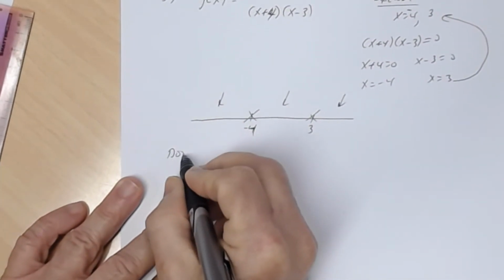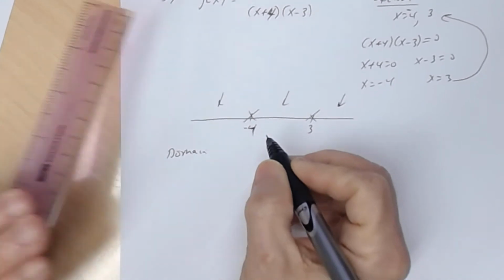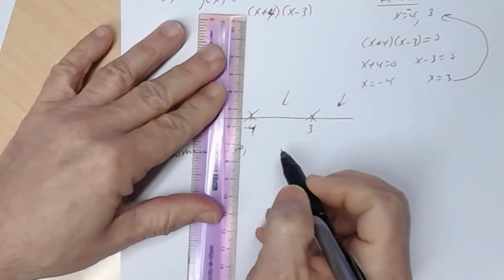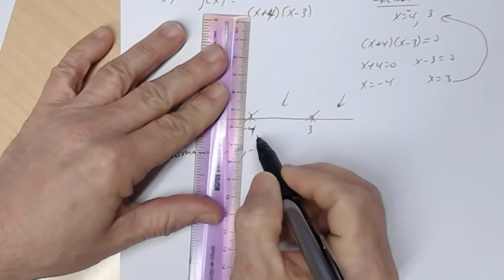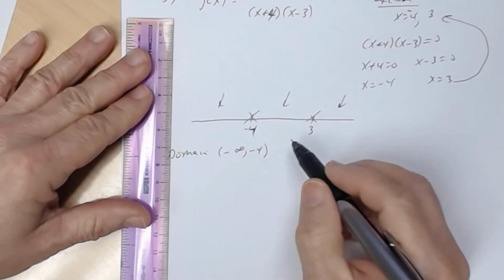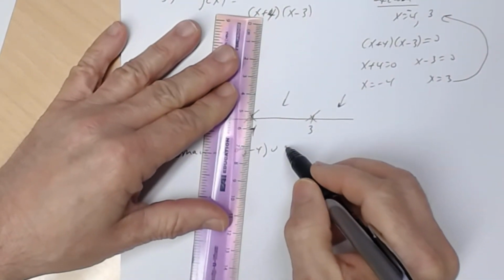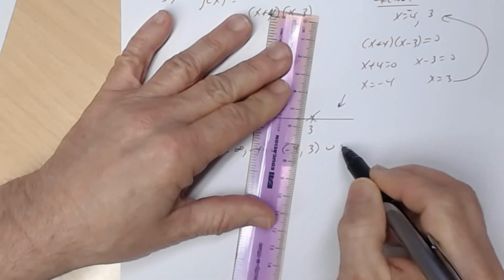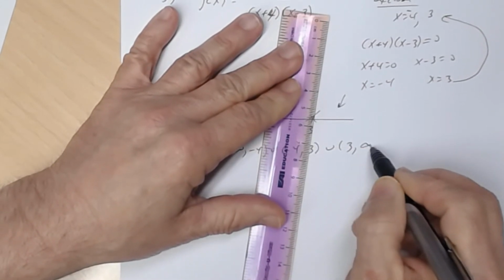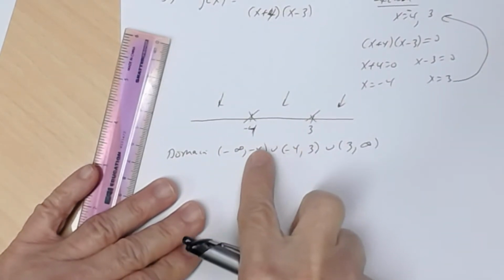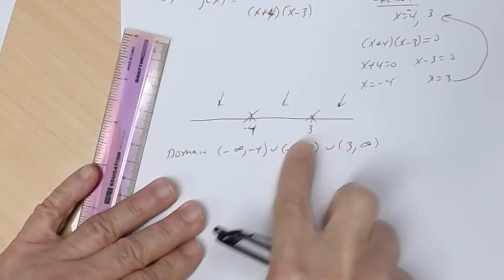The domain will be all these real numbers: from negative infinity to negative 4, parenthesis, not a bracket, because negative 4 is restricted, union, then from negative 4 to 3, union, and then 3 to infinity. So basically this means it's all real numbers except negative 4 and 3.